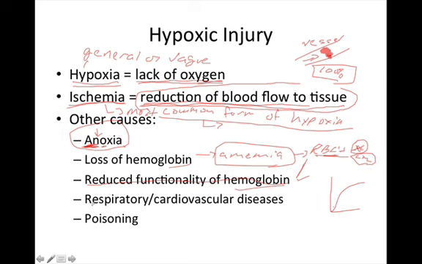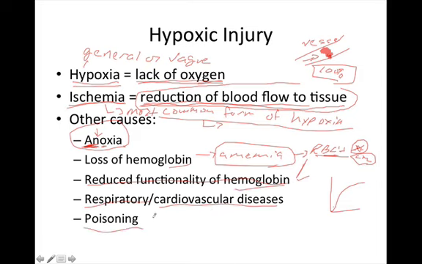Respiratory and cardiovascular diseases. Obviously, if we have respiratory complications, we're going to have a hard time getting oxygen into our system and simultaneously CO2 out. Cardiovascular complications: if we have a hard time pumping or circulating these gases around the body, you can do the math there.